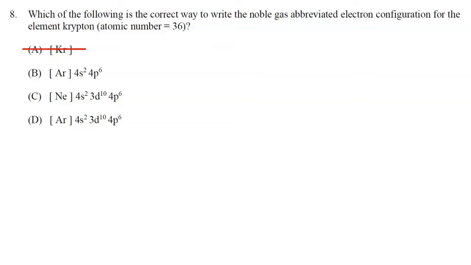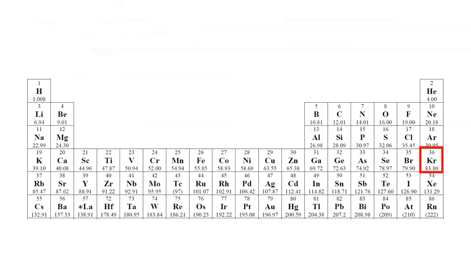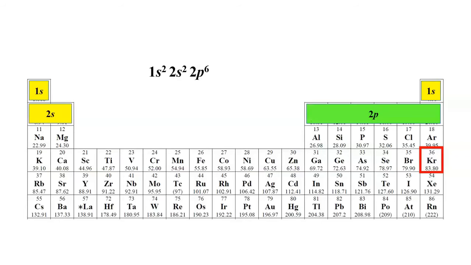Now let's go ahead and write the complete electron configuration for the element krypton, and then determine the correct way to write the noble gas abbreviated electron configuration. So starting with 1s2, the next part will be 2s2, followed by 2p6.